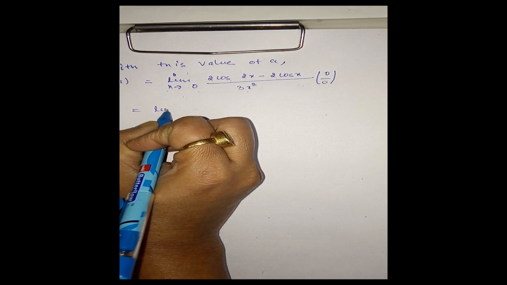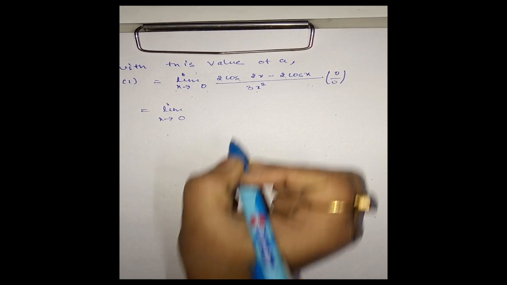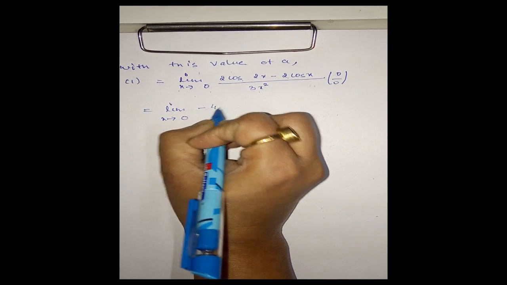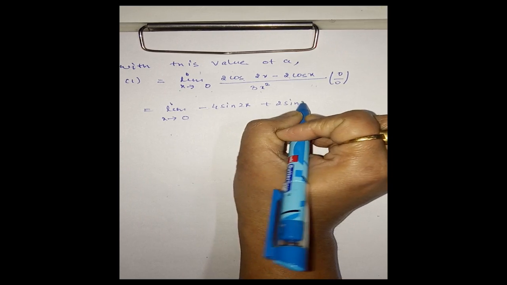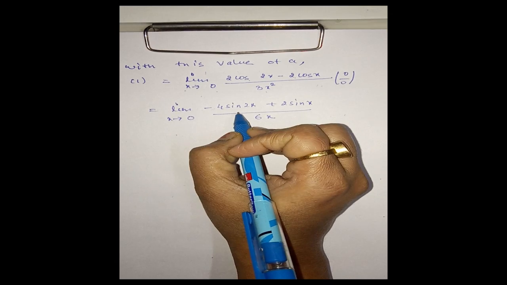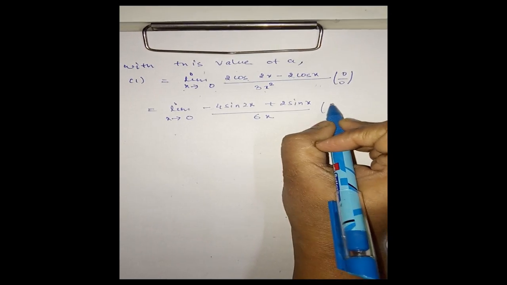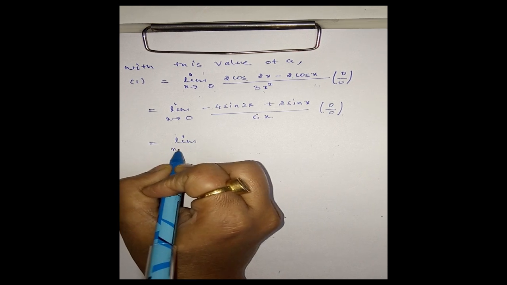Applying L'Hopital rule, differentiating numerator and denominator separately with respect to x, this will be (-4 sin 2x + 2 sin x) / 6x. On taking the limit as x tends to 0, again we have 0 by 0 form. Again we apply L'Hopital rule.